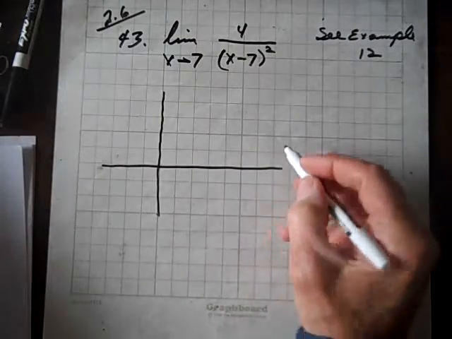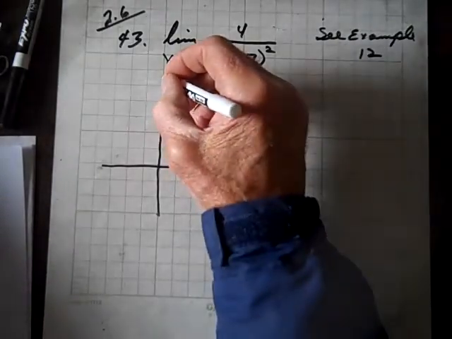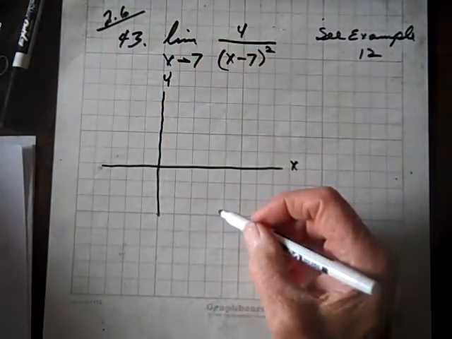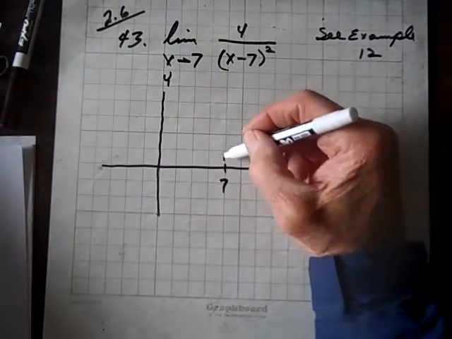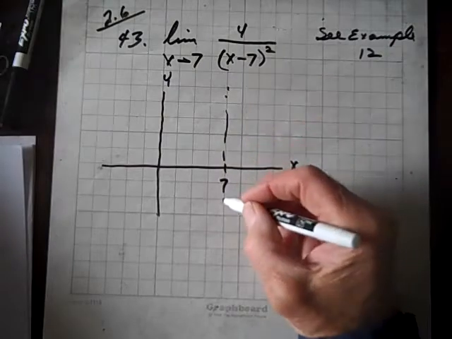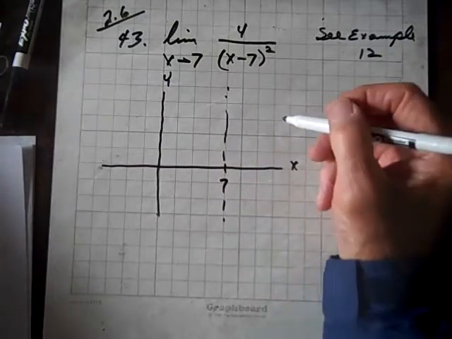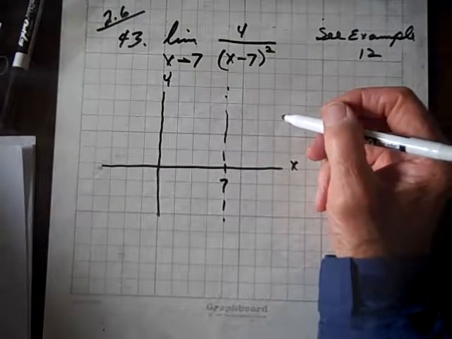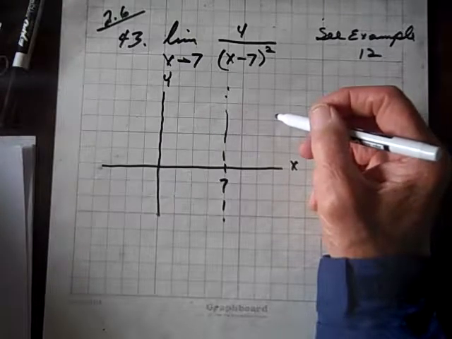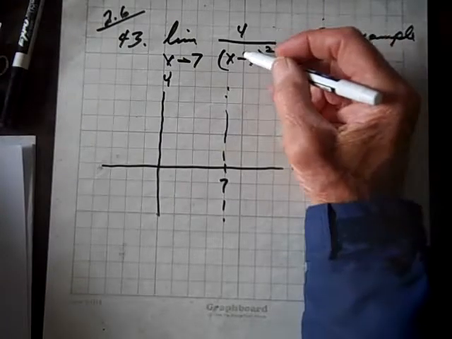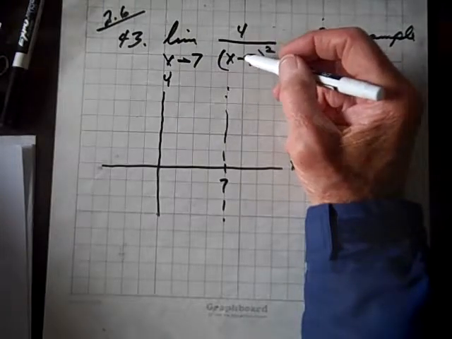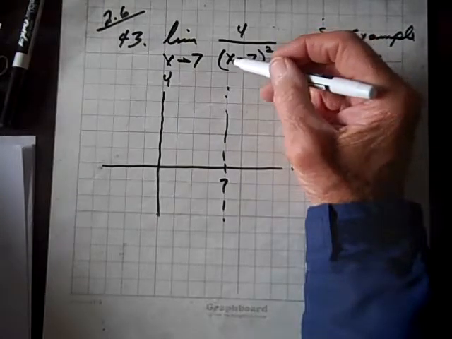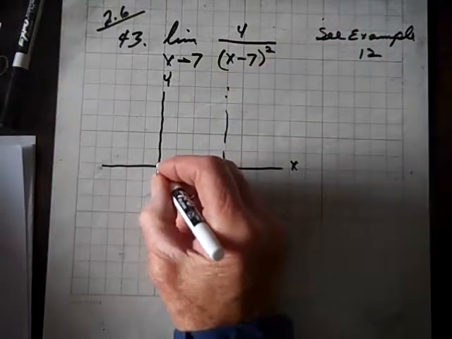We've got a vertical asymptote at 7, and so there's our vertical asymptote. And as x approaches 7, by the way, we have a y-intercept of 4 over 49, letting x be 0. So that'd be way over here.